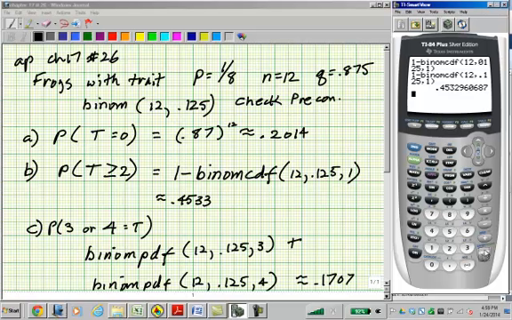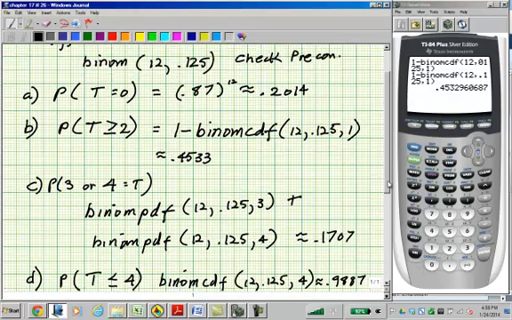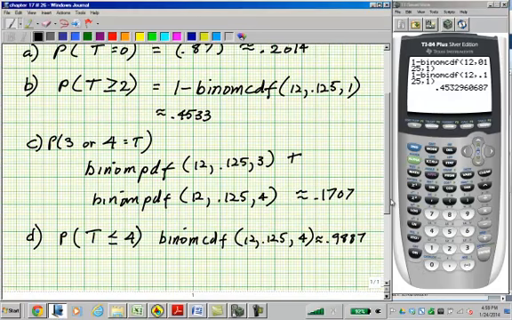What's the probability that out of 12, there are exactly 3 frogs or 4 frogs with the trait? To calculate this, we'll use binom PDF and do the exact calculation for 3 and the exact calculation for 4 and add them together.